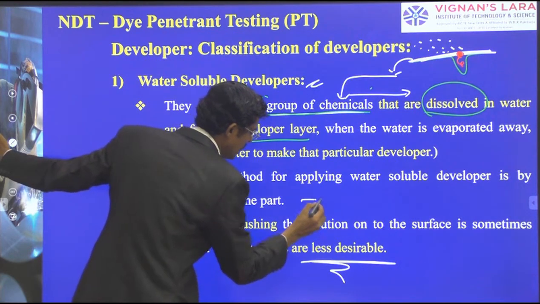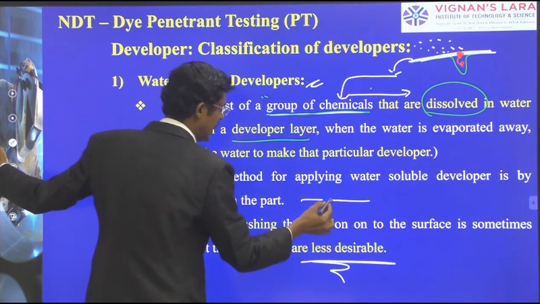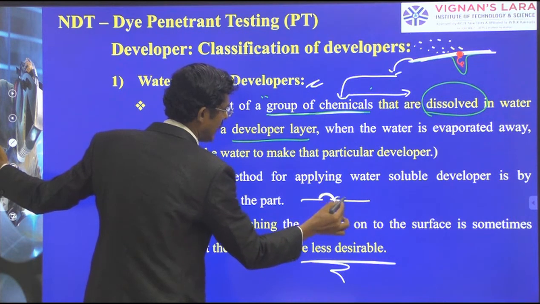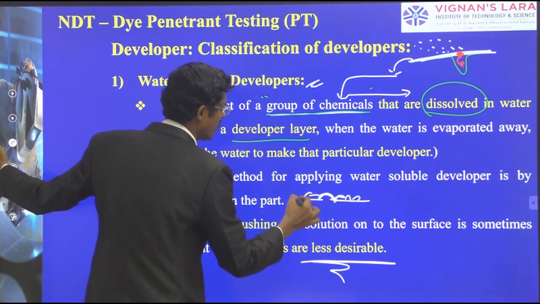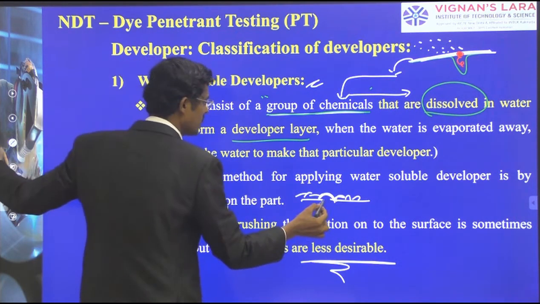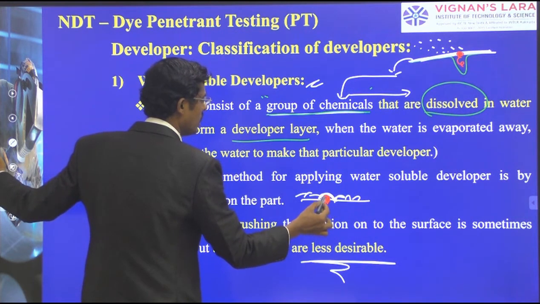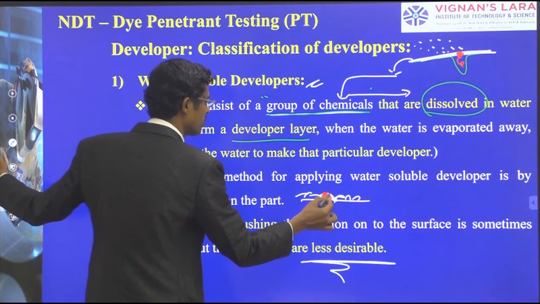Out of this total length, I have a powder here, I have some other powder all over there. Now when the liquid is coming and absorbing, with the dry powder most of the liquid is absorbed here only.